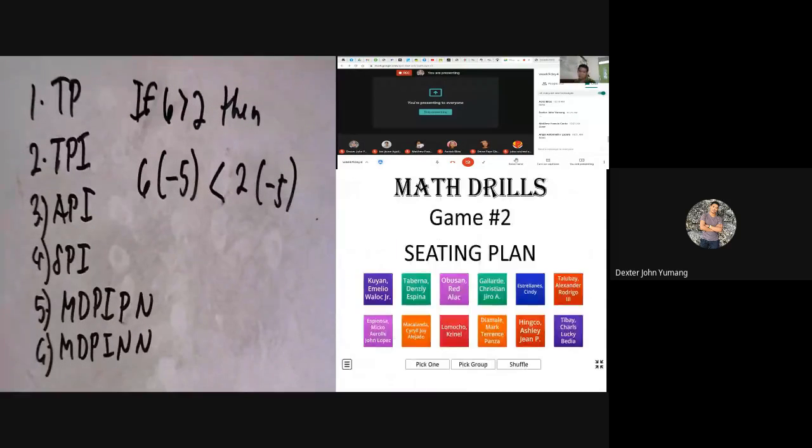So, let's do now the math drills. So, math drills natin, game number 2, which is sitting plan ang tawag. Ano po itong sitting plan? So sa sitting plan po, magkakaroon po tayo ng sitting arrangement wherein tatawagin po kayo through an electronic button. So tingnan natin kung sino ang matatawag na student. So that's section Yabo.